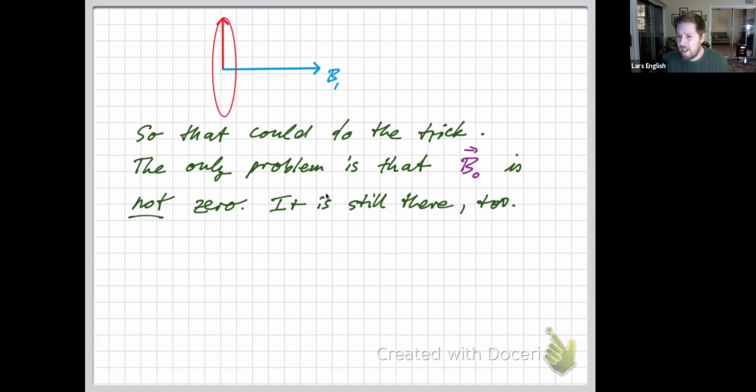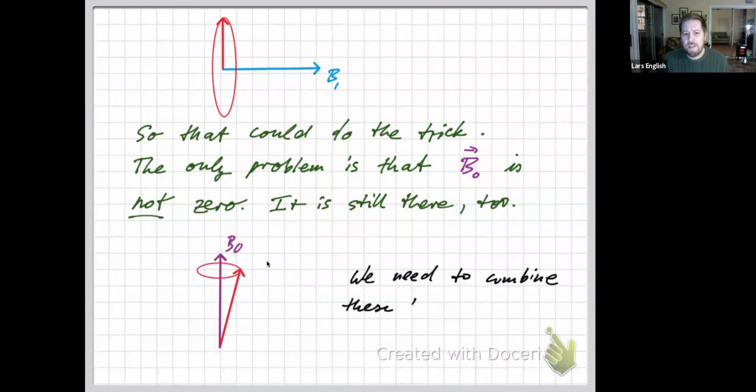As a matter of fact, that is a magnetic field on the order of a couple of Tesla. We'll see later that the stronger that field B naught can be made, the better the instrument that you can build, the more resolution you get. So B naught is not zero. It is a very strong magnetic field. It is there. So we still have this thing to contend with as well.